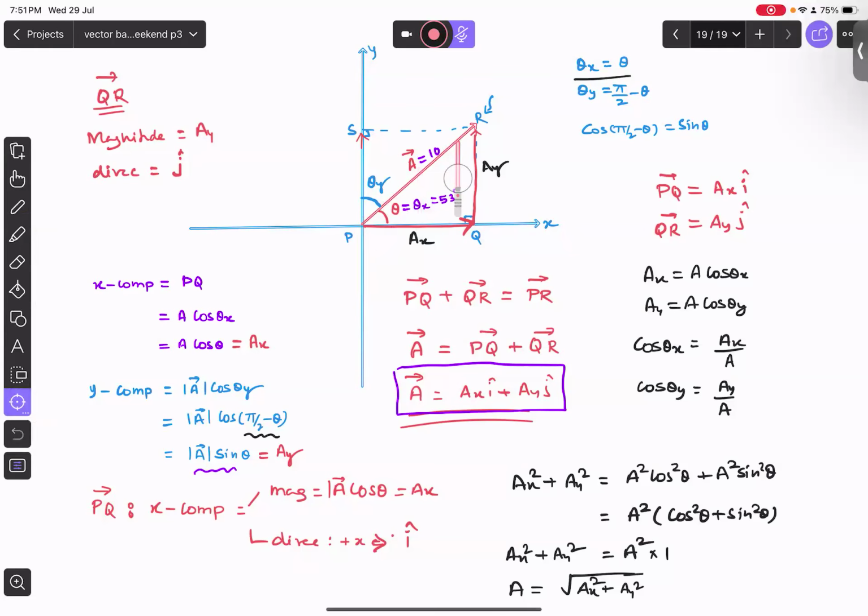It is the arrow PR. So what is the length of the arrow PR? Directly you can tell, square root of AX square plus AY square, no? Not clear, no? This thing is clear to all of you, no? Yes, sir. Okay then.